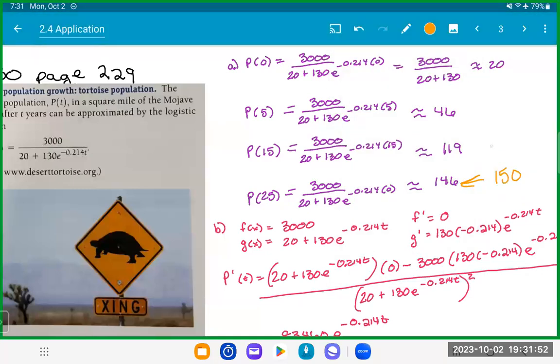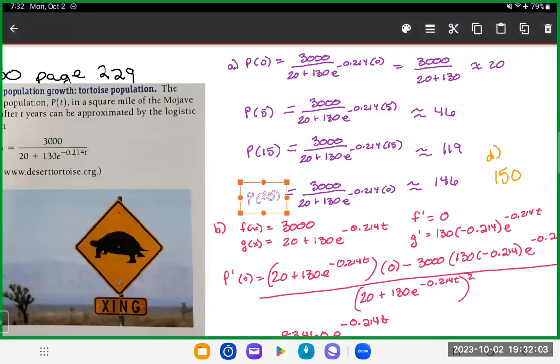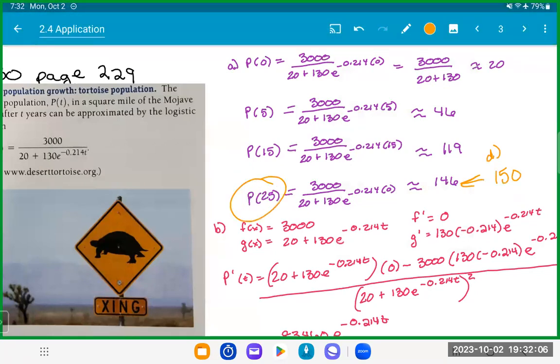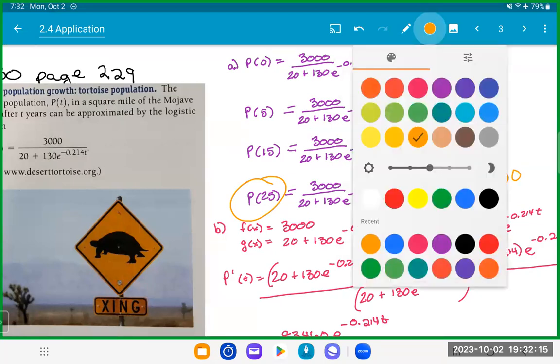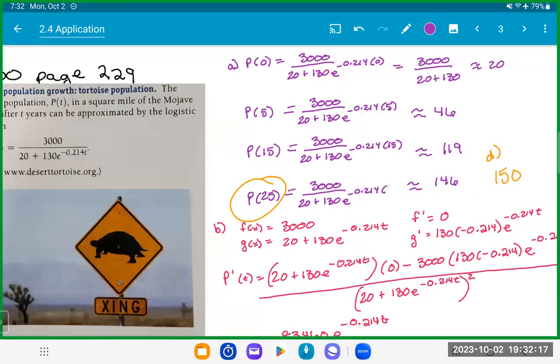Yeah, so I'm going to just write here a D. The limiting value is, so if we took and decided to, for this part right here, right? Instead of 25 years, what if I looked at 50? So if I plug 50 in here for this, and I actually forgot to change that to a 25, so we'll do that real quick. If I change that to a 50, I get a little bit closer to 150.